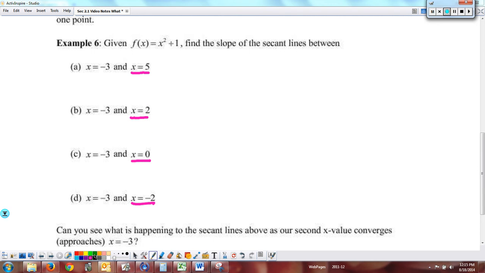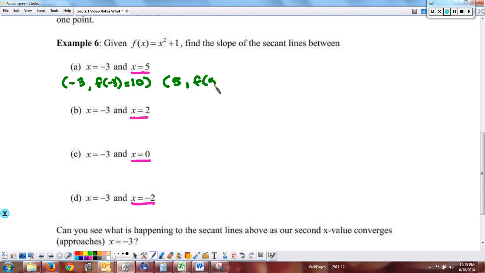All right, so taking a look at the first example, this is fairly straightforward. First thing you have to do, because I only gave you the x values, is find the y values. And remember that your points would be -3 and f of -3, which basically means plug -3 in and see what you get. You're going to get 10. Your other point would be 5, and then f of 5.